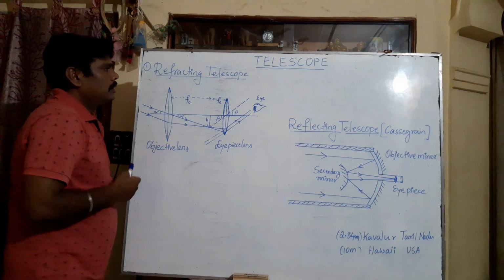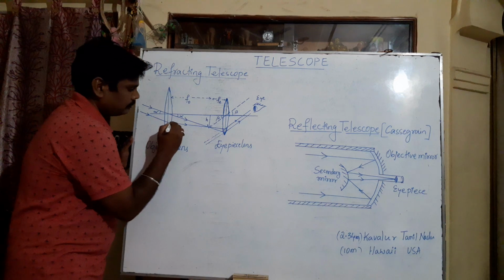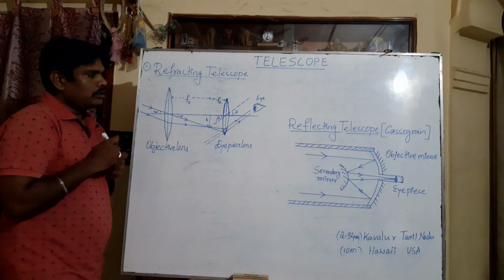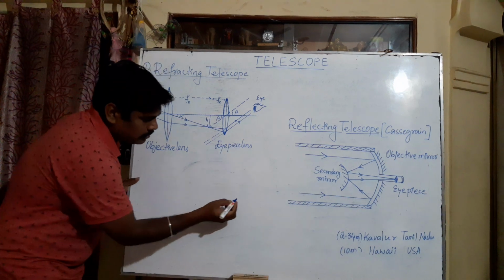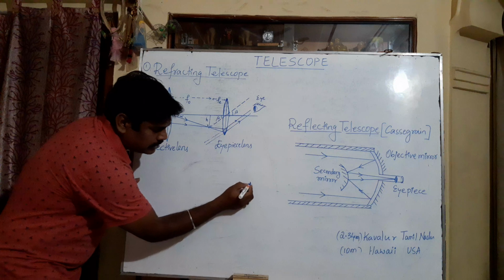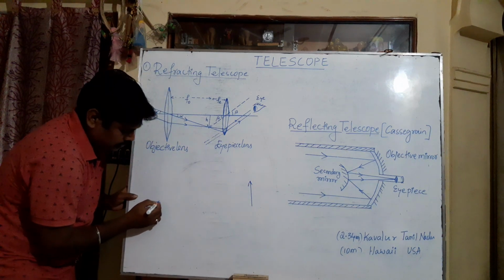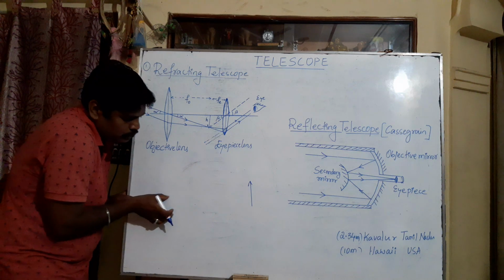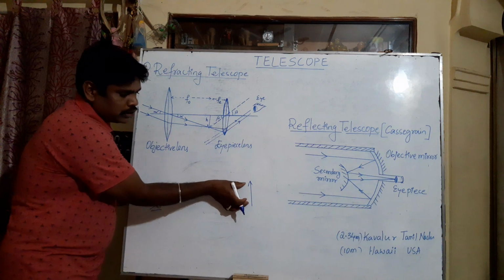The first one, see, the ray diagram can clearly explain how the image formation takes place. If I want to see the object bigger in size, suppose it is an object and this is the observer. If the observer is close to the object, the size of the object appears bigger.